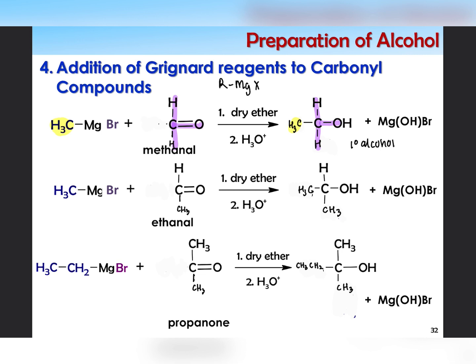Okay, so ini terjadi dekat second step, which is you buat protonation. Okay, tambah proton. Okay, so the same thing untuk all the other example. Okay, so macam mana nak predict? Tulis je semula. Okay, and then rewrite semula structure of aldehyde.